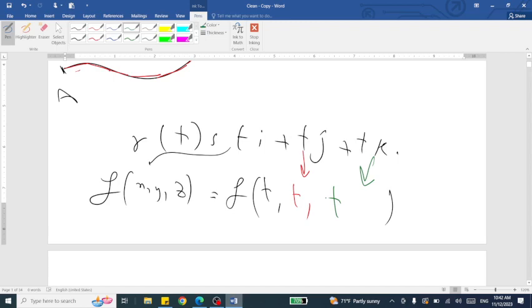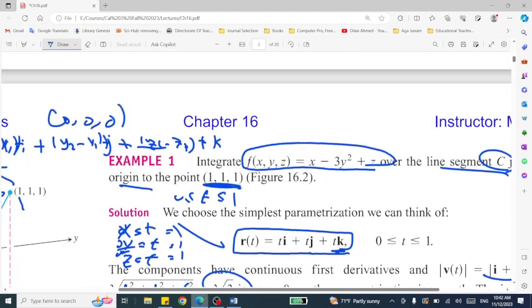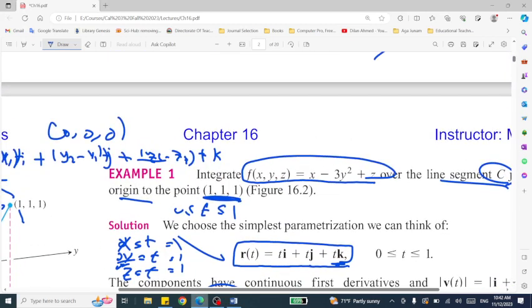Good. So what was the question? What was the f? Can you imagine? f was given: f is x minus y squared plus z.